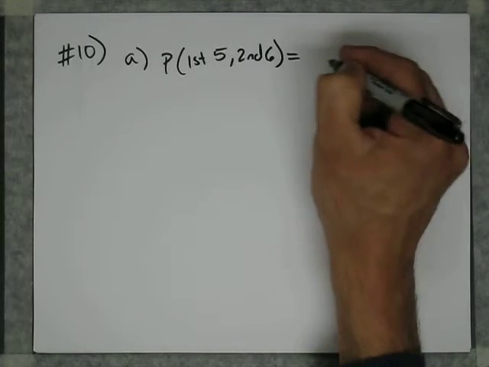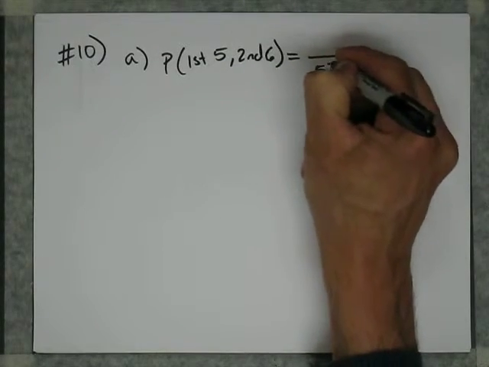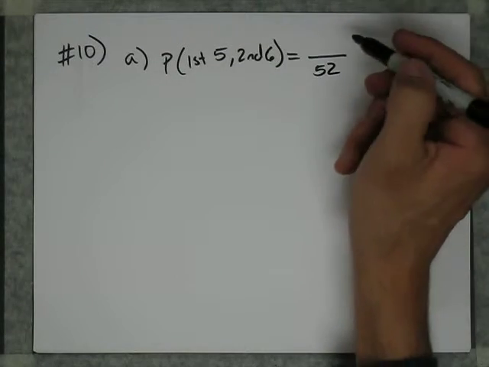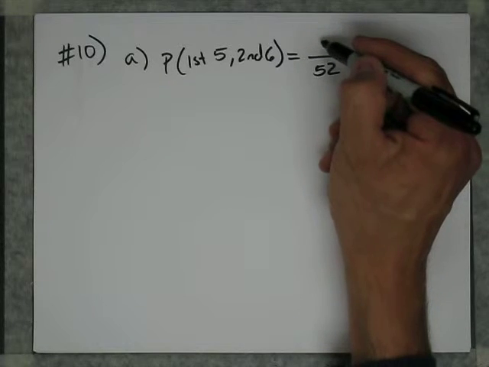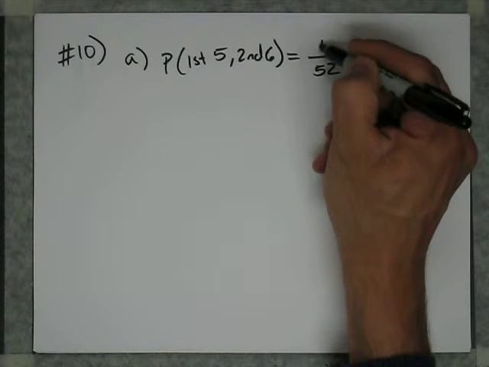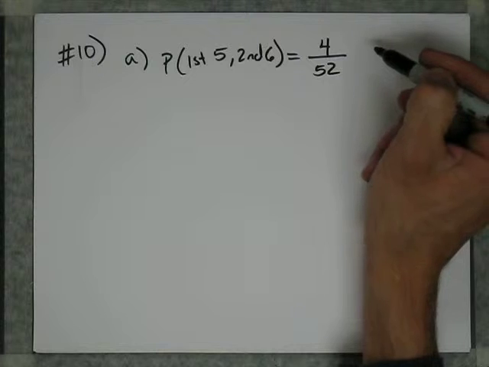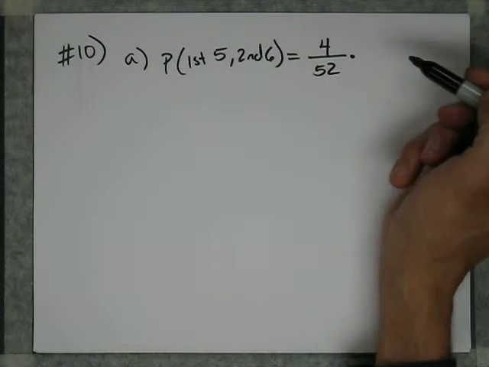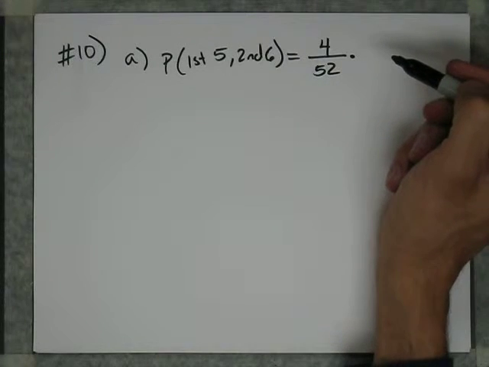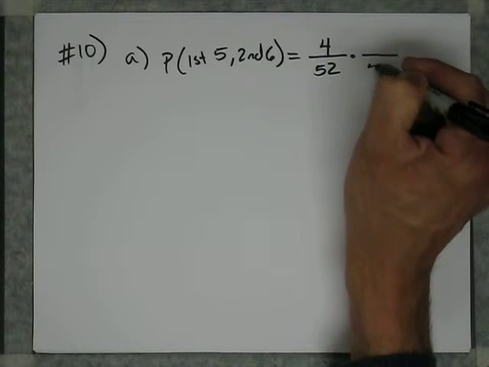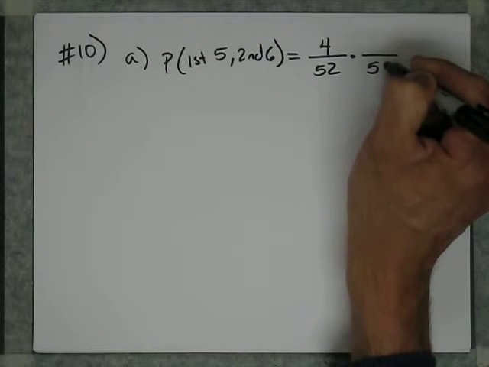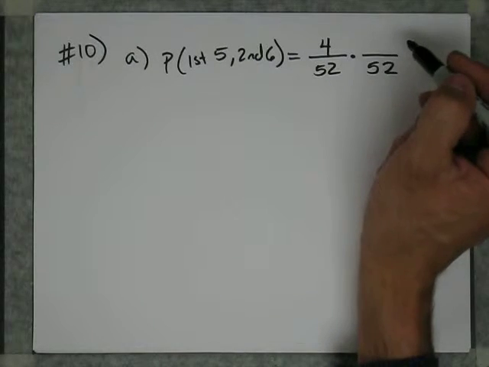So the probability that first is a 5, remember you have 52 cards. I take one card out. How many 5s are there in the deck? You have to know that. There are 4 5s in the deck. Now you replace it, and then you shuffle and draw again, and you see if the probability that the second one is a 6. How many 6s are there?